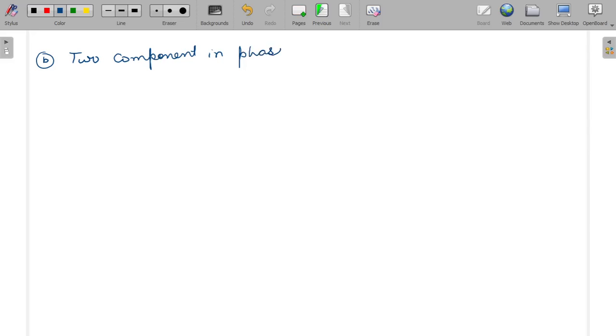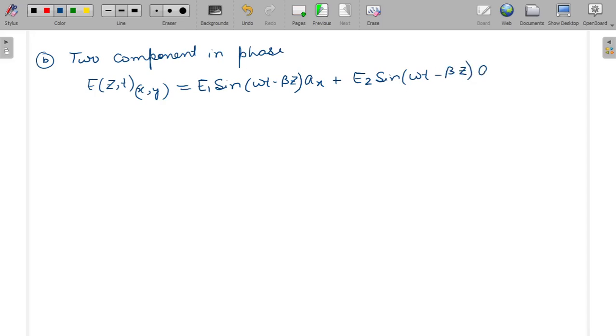How can this wave be represented using an equation? There are two components of electric field, in the x direction and y direction. So this is given as E1 sin(omega t minus beta z) ax plus E2 sin(omega t minus beta z) ay.